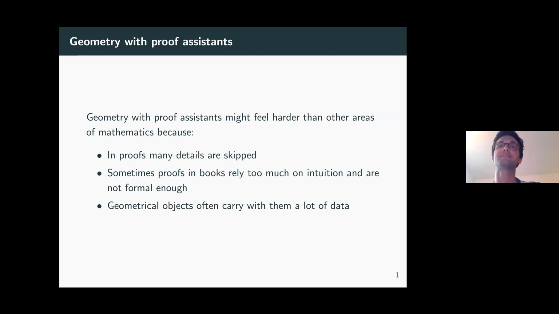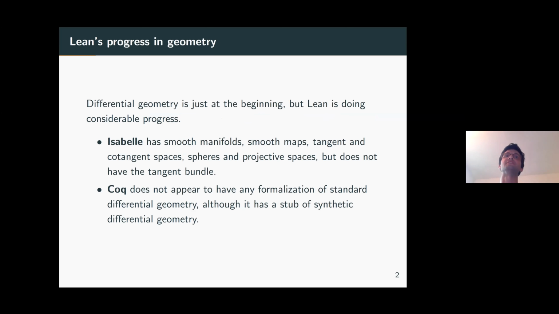In standard mathematics, you do not have to really store and organize the data. You always have it with you abstractly, but with proof systems, you have to organize it some way, and this sometimes has some implication on how you give definitions with proof systems.